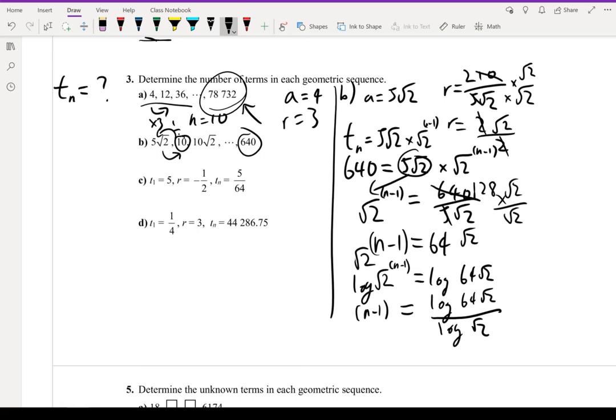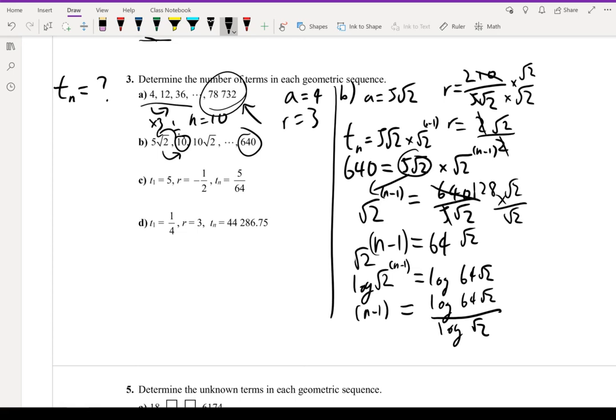Okay, root 2 times 64, and then I need to log it, and then I need to divide it by bracket root 2.